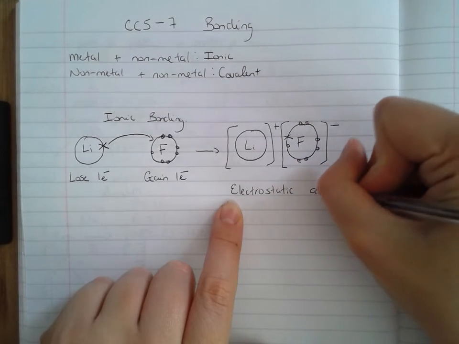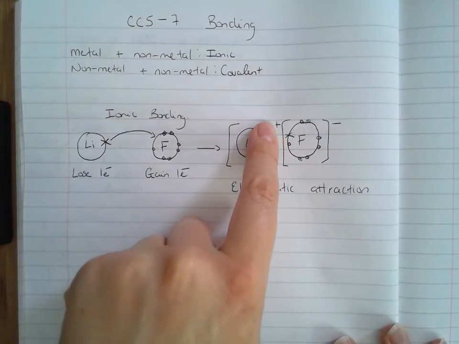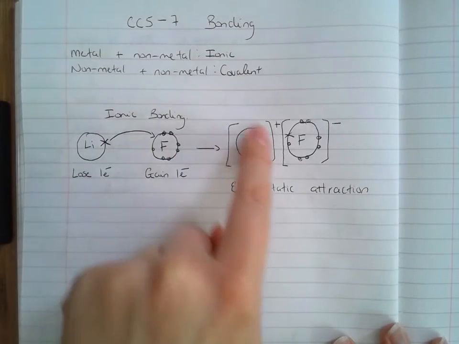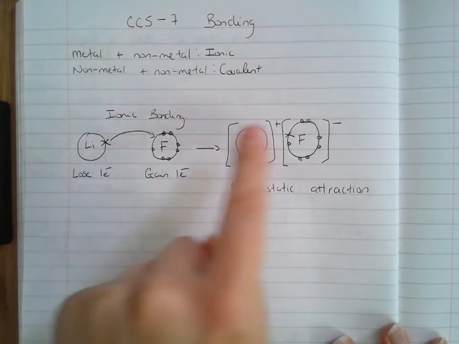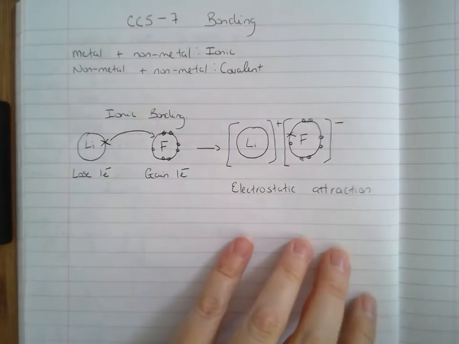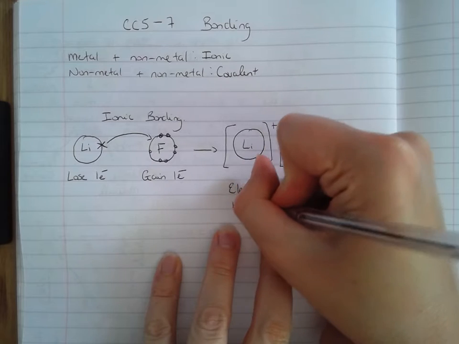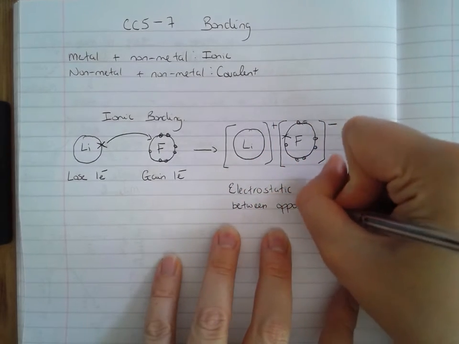So I can say I've got an electrostatic attraction between the positive lithium and the negative fluorine. Okay? And when they become positively or negatively charged, instead of calling them atoms, we start to call them ions. So I can say I've got electrostatic attraction between oppositely charged ions.